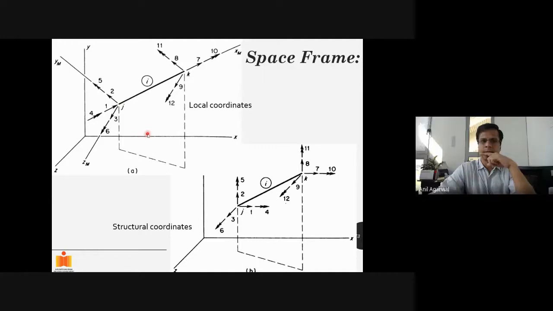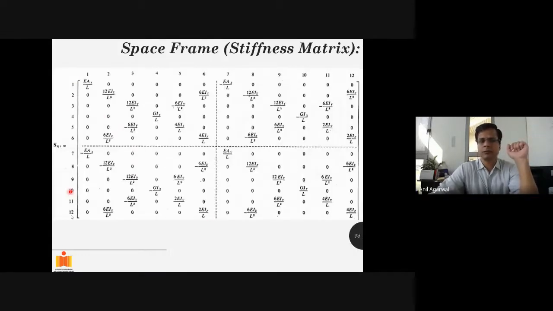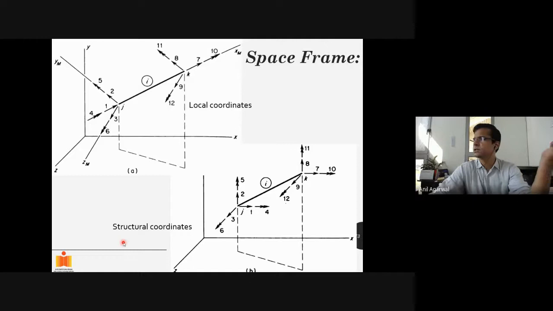Correct. There are 6 degrees of freedom, so the size of the matrix will be much larger. It's double the size. That we can handle, right? As long as we are using a computer program, we can handle any size matrix. It doesn't matter. So this is the stiffness matrix. That is the first challenge, and it is easy to handle.